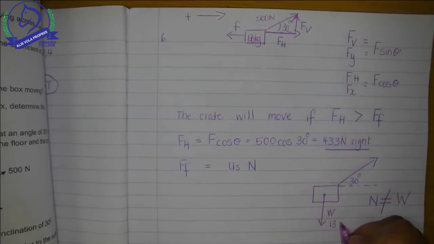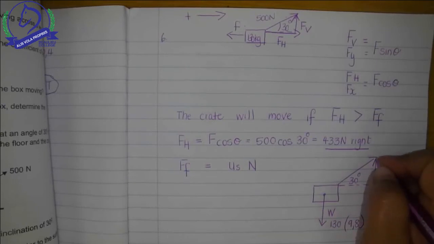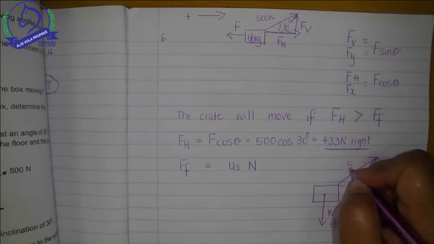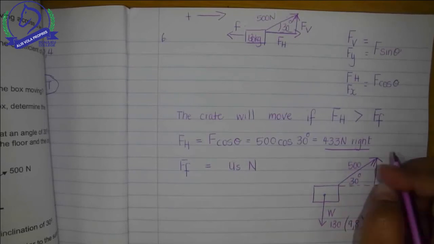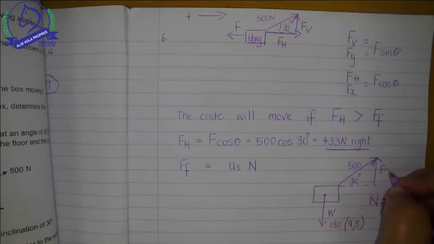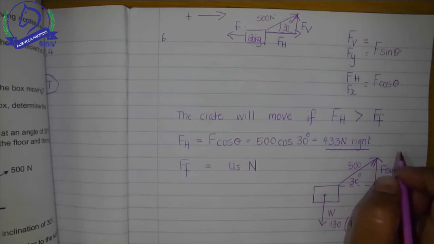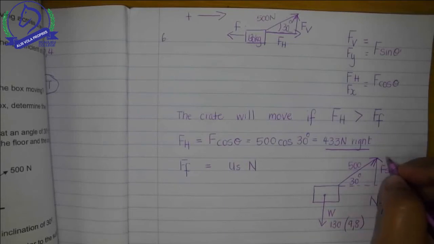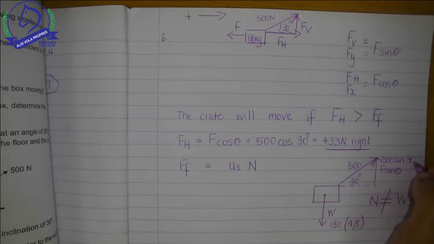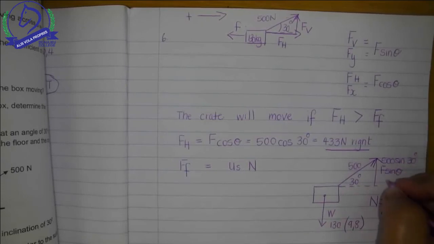Yes, that's going to be 130 multiplied by 9,8. But we also have the vertical component of our 500 newton force. That vertical component is F sine theta. If I work out what my vertical force F sine theta is, I get 500 sine 30, and I get my vertical component to equal 250 newtons.